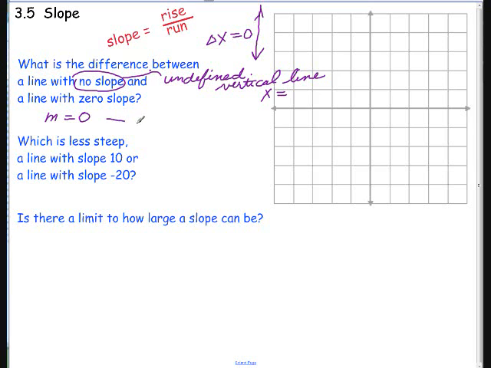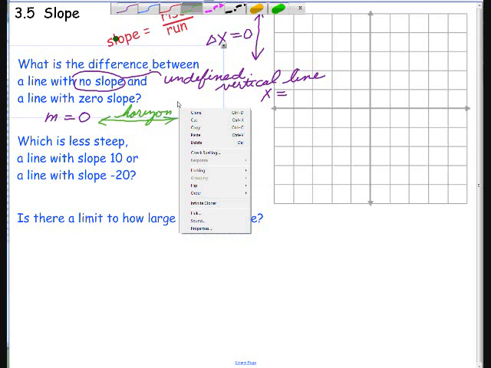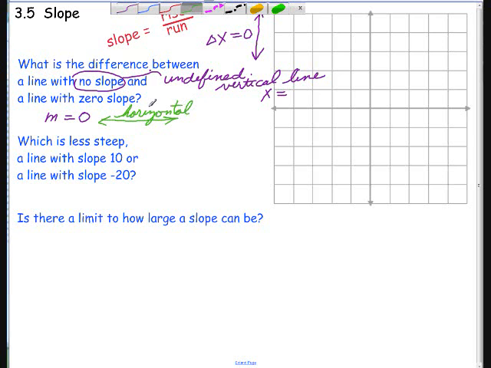This would be the situation where you have a horizontal line. And it would be expressed as y equals something.